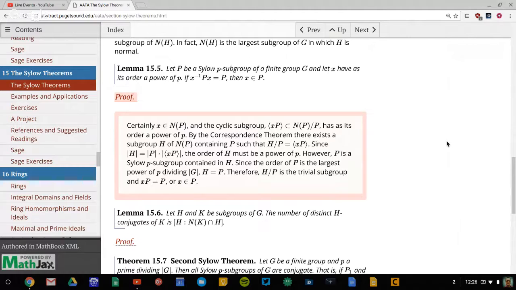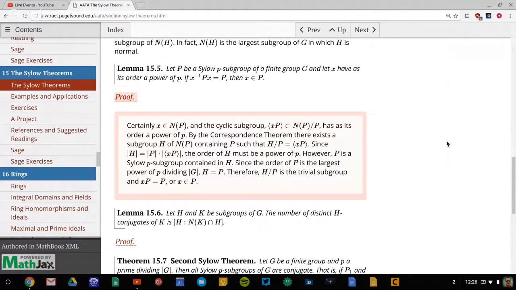So if X started off as having order a power of P, its image, XP, in the factor group must also have order a power of P, because the order of this element has to be a divisor of the order of X originally.